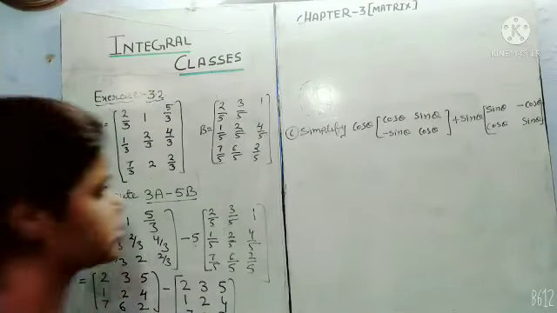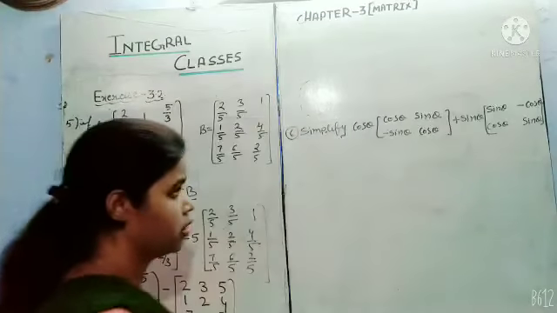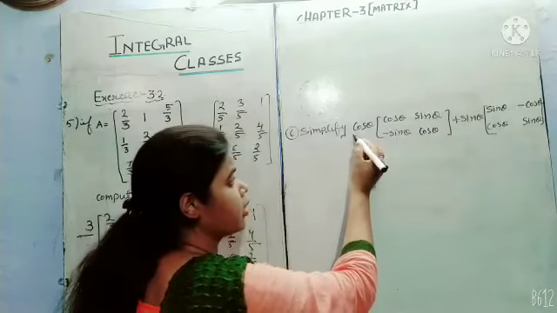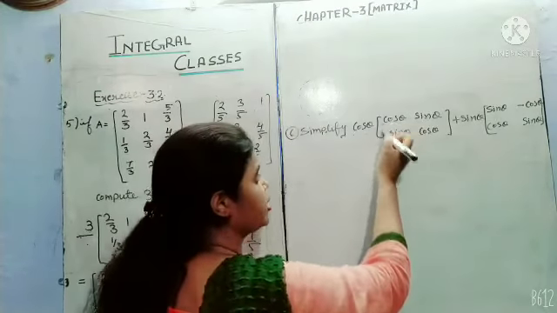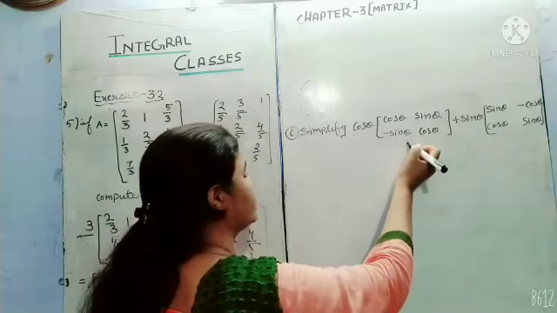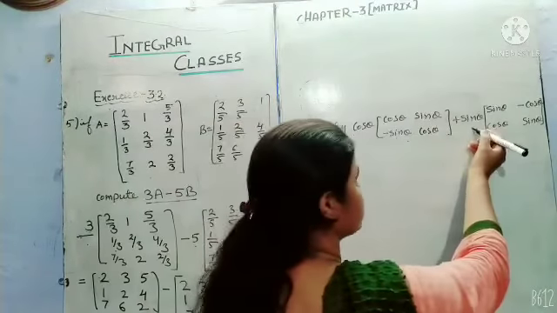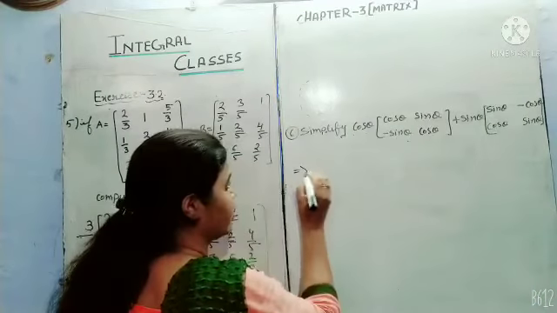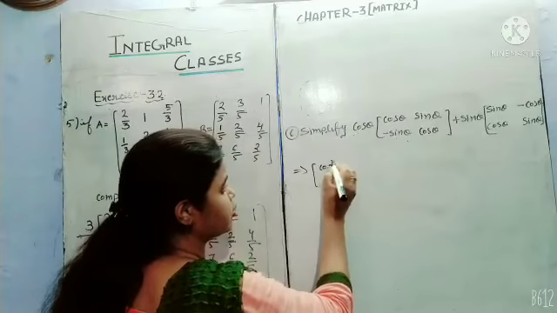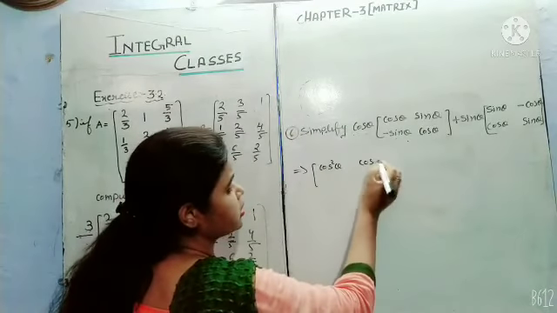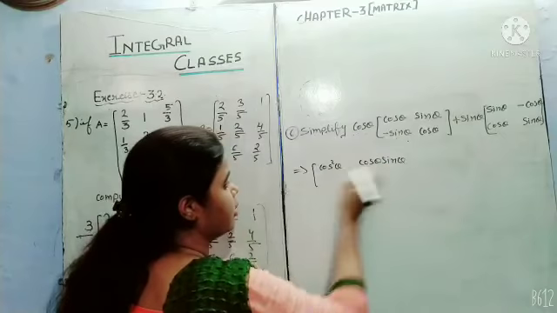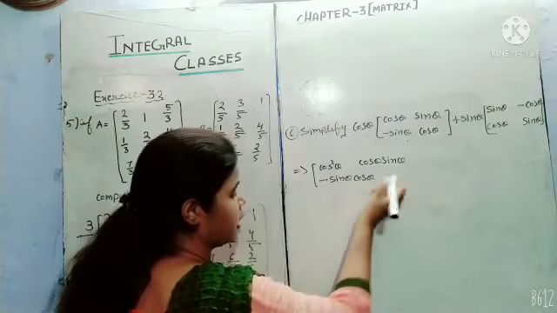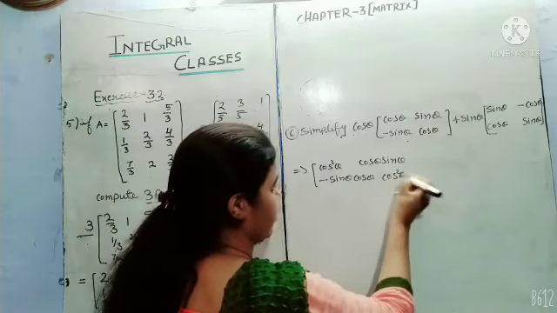Question number 6. We will find the value of this. Simplify here. First, student, we multiply cos theta by each element of this matrix. Similarly, sin theta is also multiplied by every element of this matrix. So now we get cos square theta, cos theta sin theta, minus sin theta cos theta and cos square theta.